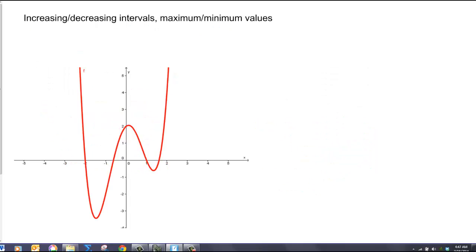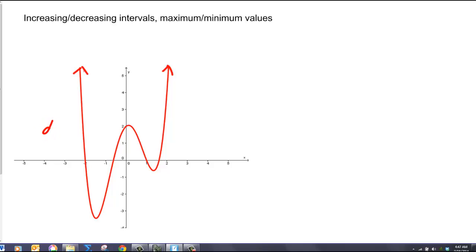Next, we're going to talk about some increasing and decreasing intervals of functions as well as maximum and minimum values. Let's say this is our function, and in this function, let's say this goes on forever. Just like we read a book, we read functions kind of the same way from left to right. So if I read this function from left to right, I see that as I follow it this way, I notice my pencil's going down.